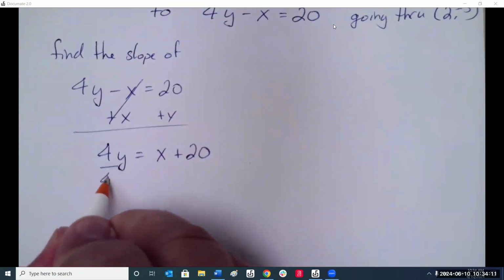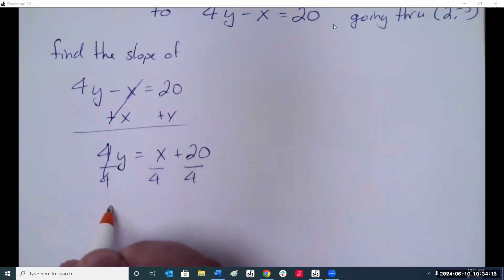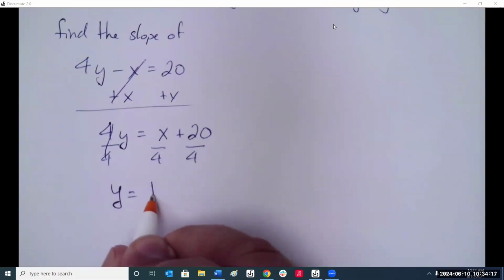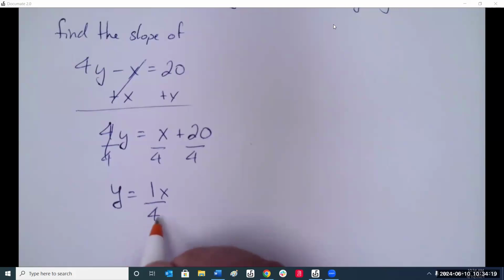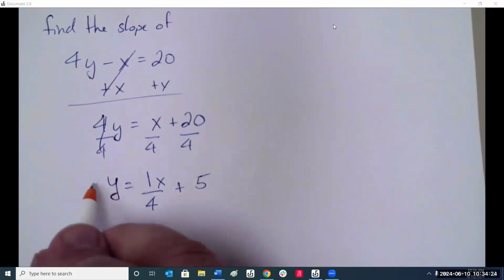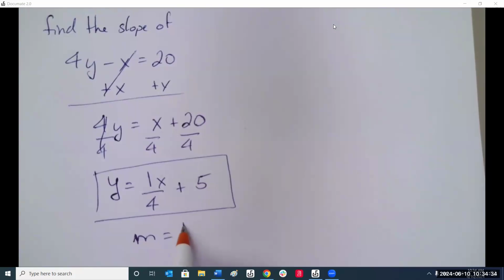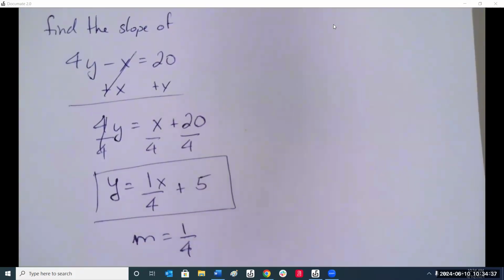And then divide by 4. Twenty divided by 4 is 5. So this is our equation. That equation has slope 1/4.